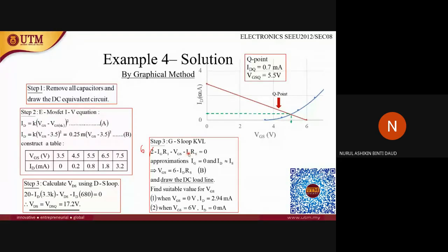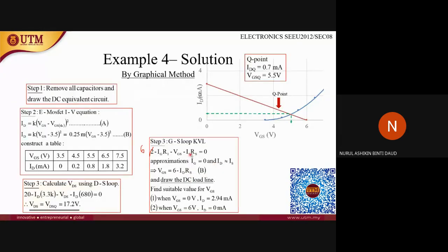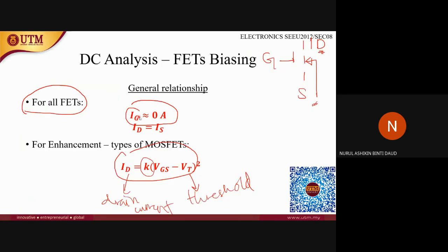But the IS current that flows here is the same as the current that flows from the drain here. So instead of writing IS, it can also be written as ID. Why is ID equal to IS? As I mentioned earlier in the earlier slides, when IG is equal to 0 amps, ID is always equal to IS.